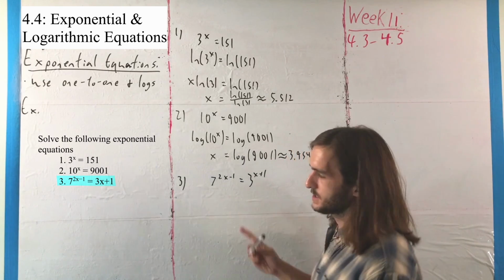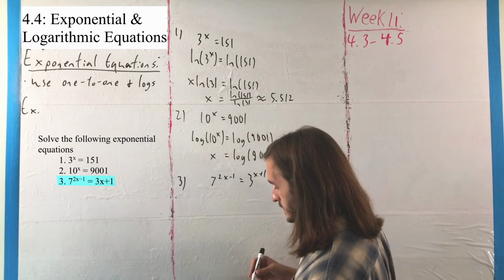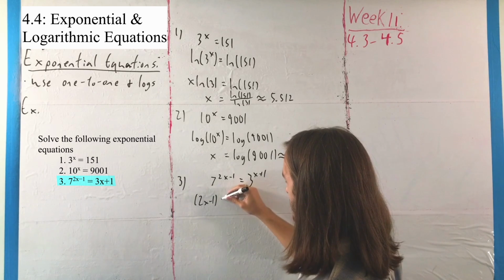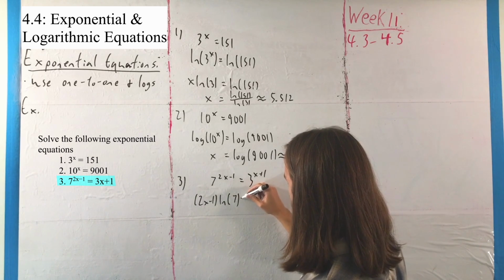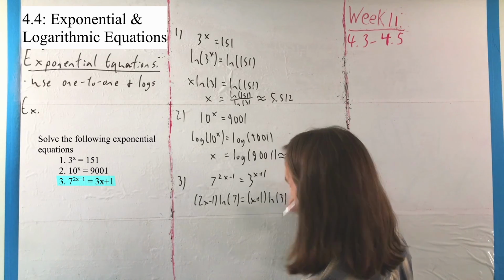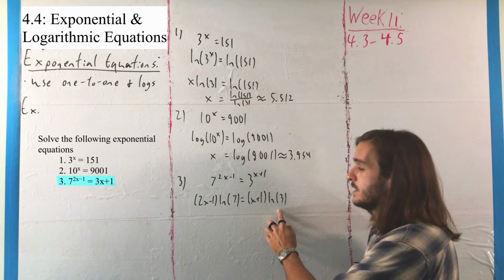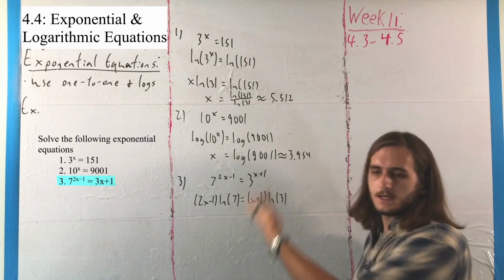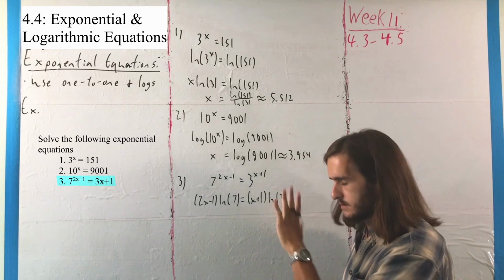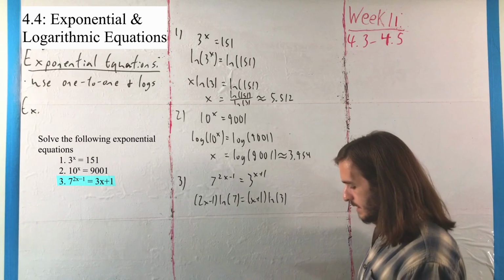So we're going to take natural log of both sides, and I'm going to save a little bit of space here because you're going to see the same sort of thing happens, that if we take the natural log of both sides, we'll get 2x minus 1 times the natural log of 7 equals x plus 1 times the natural log of 3, where again, if we take log base 7, that guy's a 1, log base 3, that guy's a 1, and then we'd basically be having the change of base property thrown at us implicitly, but we just use natural logarithms because it's nice to have a consistent process.